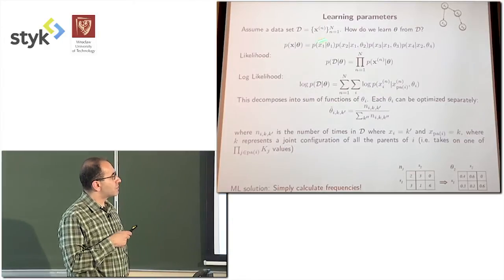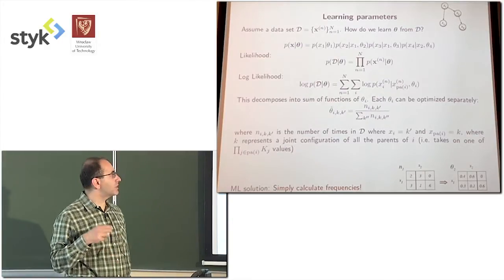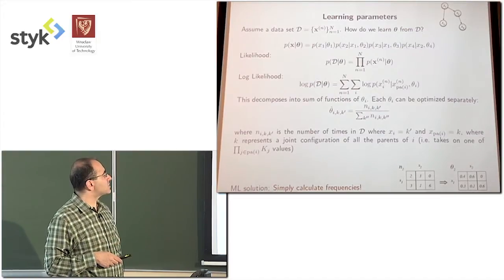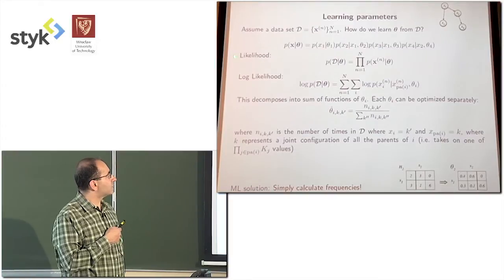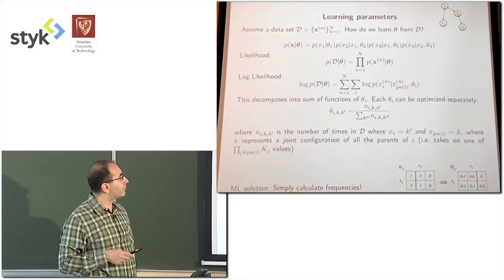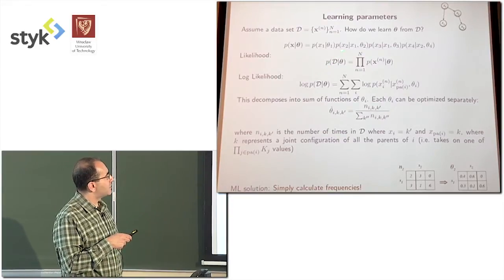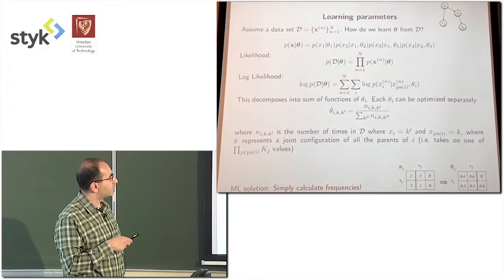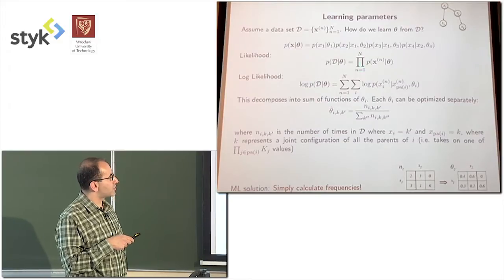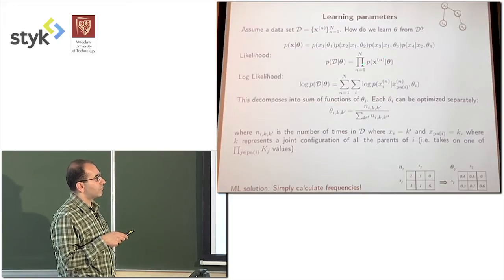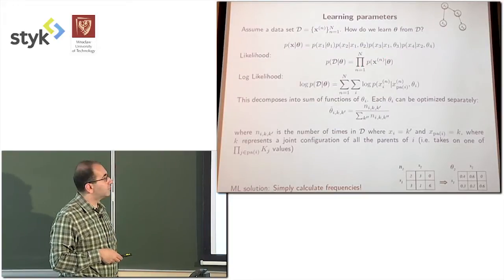So the procedure I'm going to describe to you is simply the maximum likelihood procedure. What the maximum likelihood procedure says is take the likelihood function and maximize it with respect to theta. So the likelihood function here is the probability of the data given theta. There are n data points, so each data point contributes one term to this product, which gives you the likelihood.